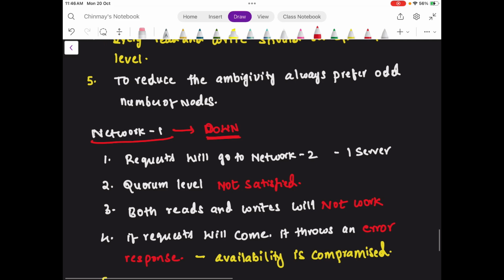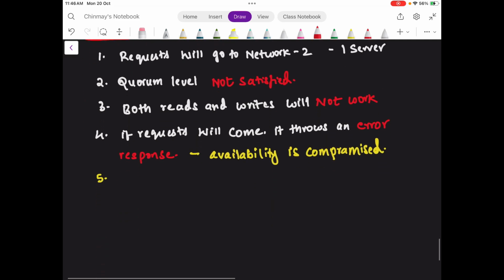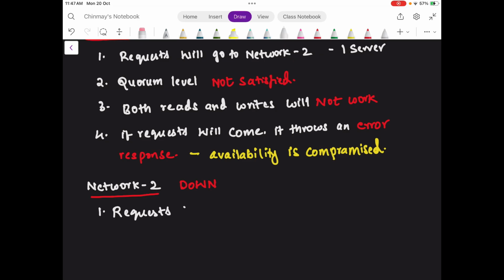Network 2 is down, so requests will go to network 1. 2 servers are present.